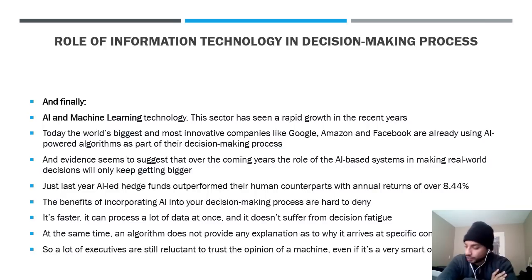Very difficult. How are you gonna explain to shareholders and to company officials that, oh, I made this decision based off the computer saying that I should do it, right? So what's the point of having you as an executive? Why isn't the machine an executive? So they're really reluctant when it comes to that.